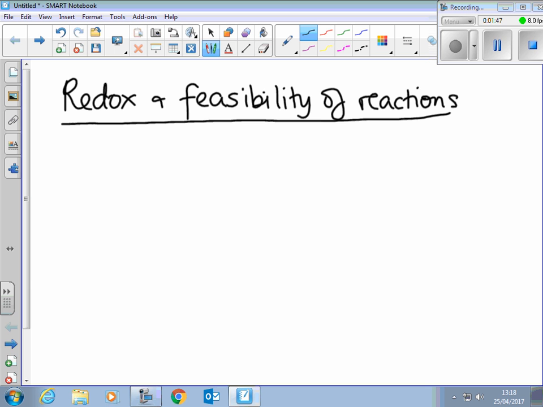It's an overview that doesn't go into a lot of depth, but it gives us one way of determining from these measurements whether a reaction's feasible. Doing it practically, you'll see the reaction happening anyway, so you'll know it's feasible. But in energetic terms, this is what we'll look at.